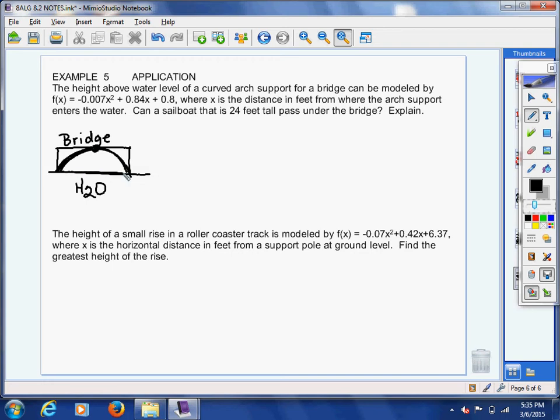So imagine that the water is your x-axis, and the height of the bridge is your y-axis. Kind of see that xy coordinate plane there, all right? I need to know specifically the height, so I need to know the y. But the only way I can find the y is if I know the x of that vertex.